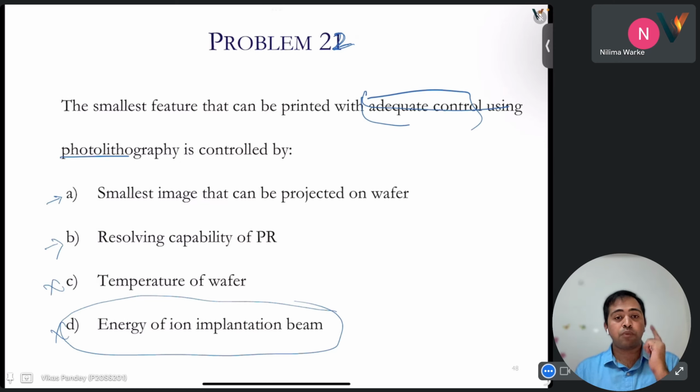The smallest image that can be projected on the wafer. If my structure is an image, that is nothing but a mask. I may have a requirement of larger structures, but what is the smallest limit we can go for?